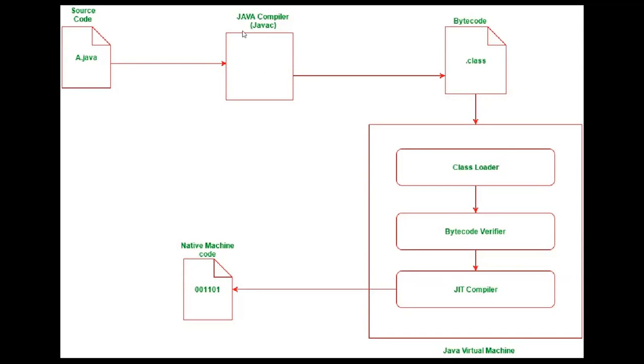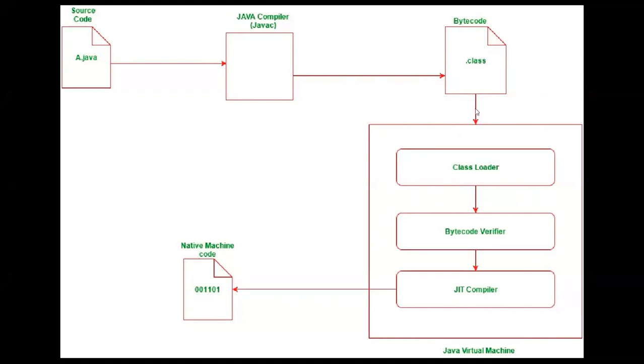When you press the run button, it's compiled into what we call a bytecode, which is a file with the extension .class. After you've used the Java compiler on it, it has to go through the Java virtual machine in order to get to the native code the machine understands, which is zeros and ones.